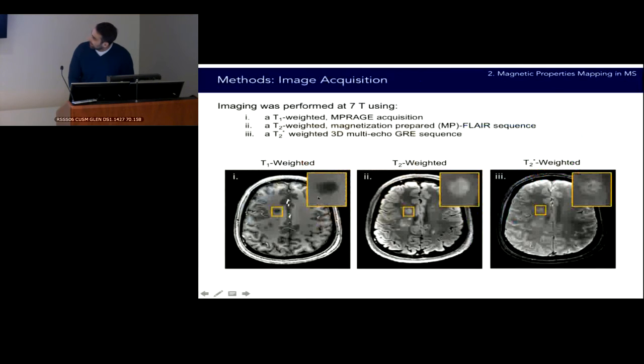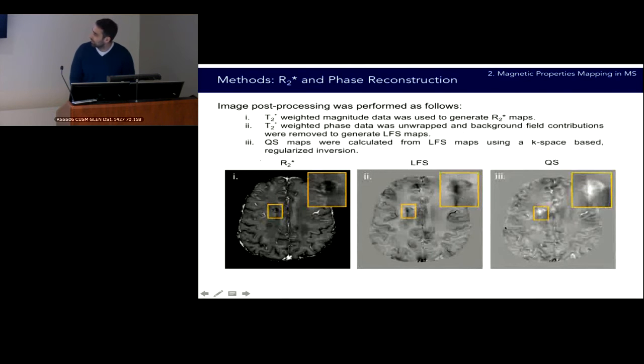Getting back to the study, the imaging protocol we employed used three what I would call conventional imaging sequences. Well, these two are conventional and this is less so: a T1-weighted MP-RAGE acquisition for structural identification of the cortical gray matter and white matter, a T2-weighted acquisition for identification of hypointense lesions, which are indicative of inflammation, and a multi-echo gradient echo sequence, which is also used for creating magnetic property maps, such as these.